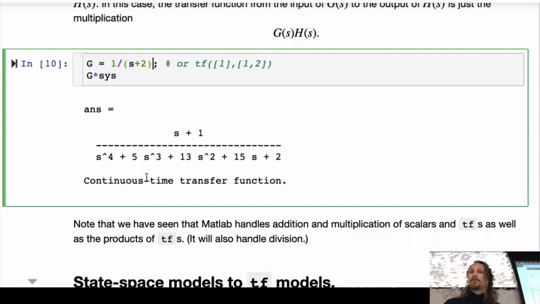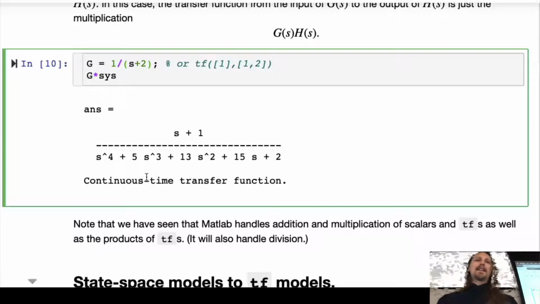That's how it works: if you have an nth order system and you multiply it by an mth order system, you get an n plus mth order system. Or no, wait, I should say n plus m, not n times m. Right, because 3 plus 1.